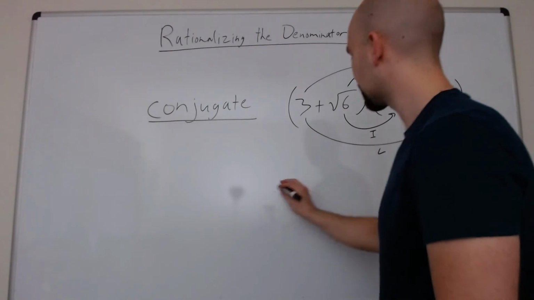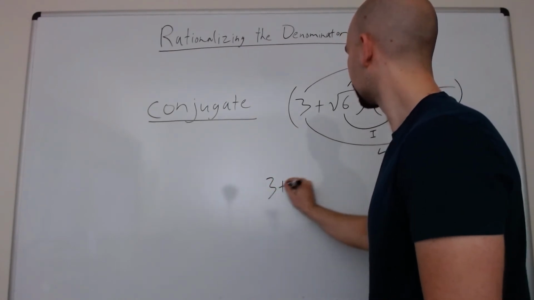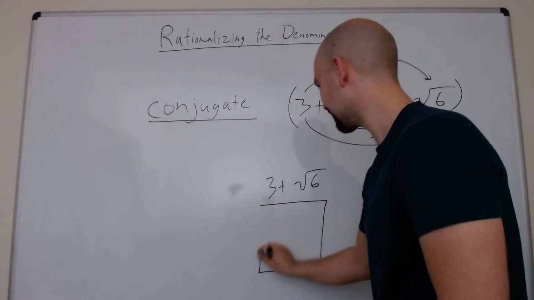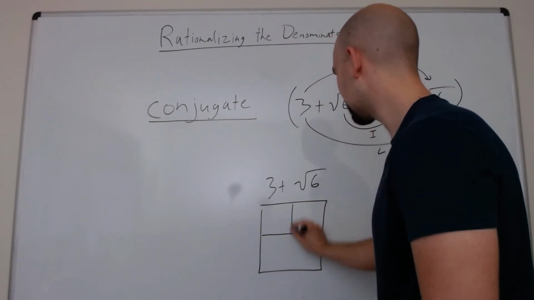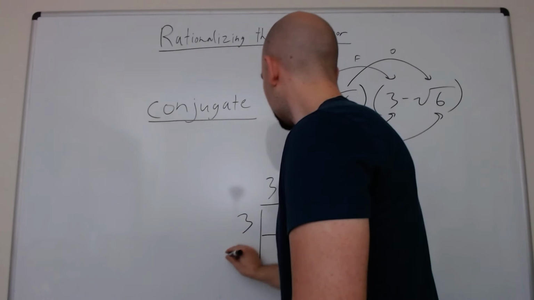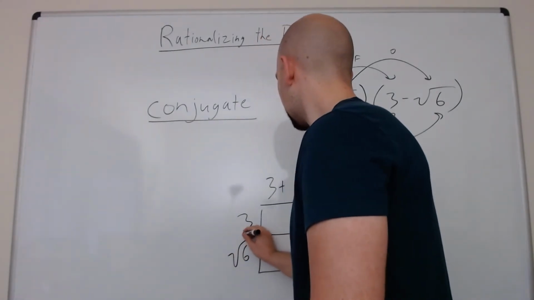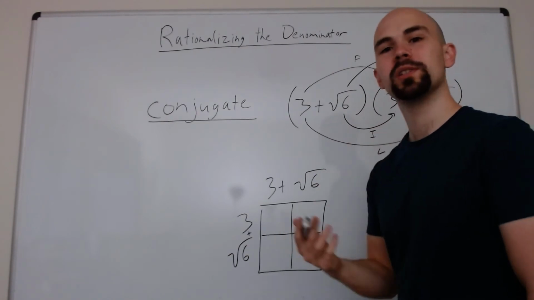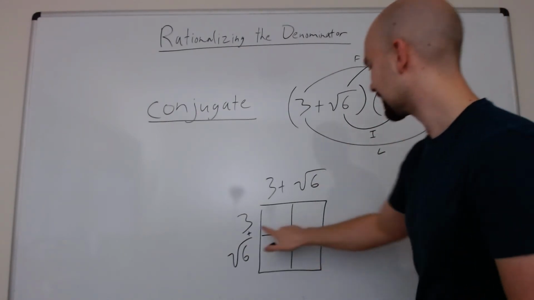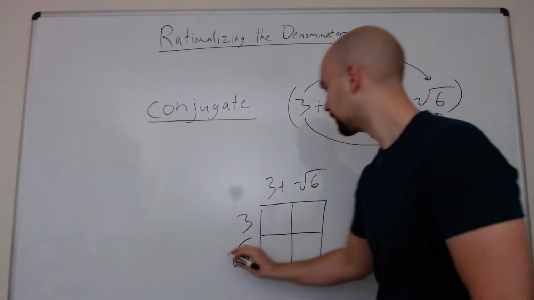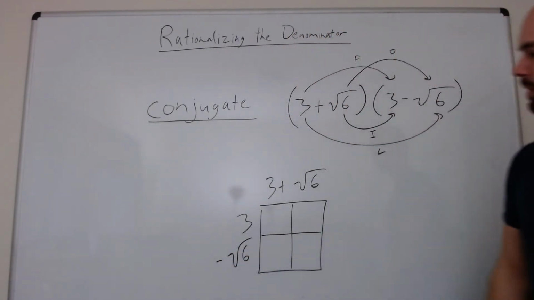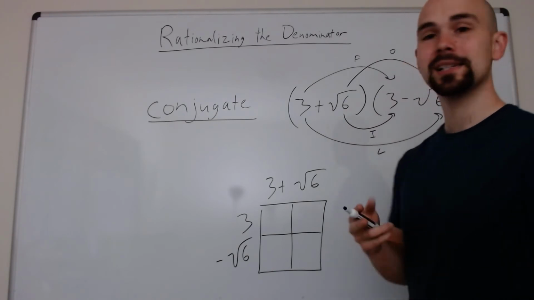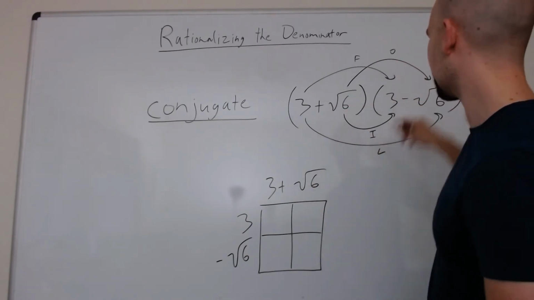I'll do the square first. I definitely prefer the square now. It's one thing I love about Jacobs. It gives you all kinds of alternate ways to do things. All right, so let's see if this produces, oops, 3 minus 6, I did that wrong. Let's see if this produces a product that has no square roots in it. If it does, then these are conjugates.